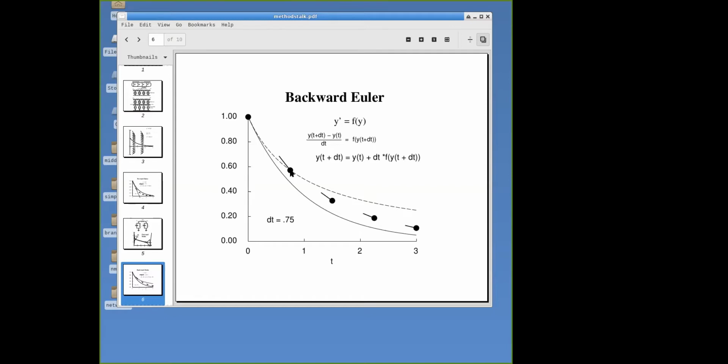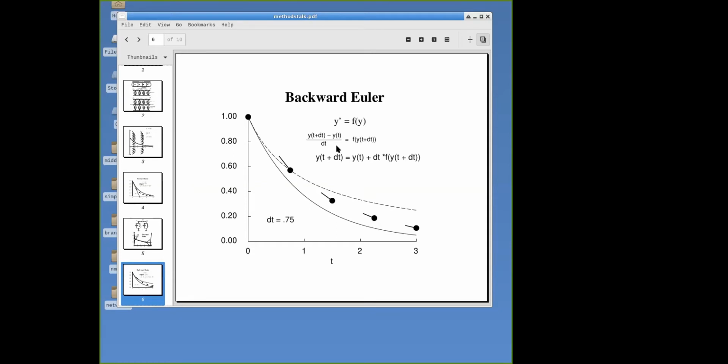So if we go to 0.75 milliseconds as our first advance in time, how far up or down the y-axis do we have to go so that the slope at that point points back to here? That's what we're doing. And calculating that value of y involves a little bit of manipulation. Then solving this equation is what it requires.